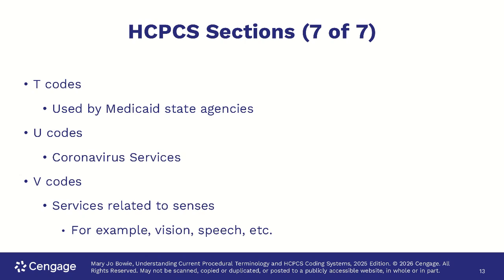T codes are also temporary codes. These codes were established for state Medicaid agencies. So these codes are not recognized by Medicare, but some private payers do accept these codes. Codes found in this particular area are things like respite care, sign language or interpretation services, nursing care in the home.